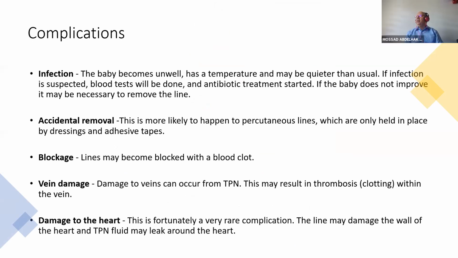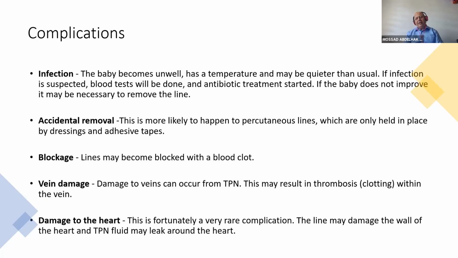Another point: if you put in any central line and it goes inside the heart, I mean to the right atrium or past the right atrium to the right ventricle, it can cause arrhythmias. So you are not allowed to go deep inside the heart, to prevent any arrhythmias.